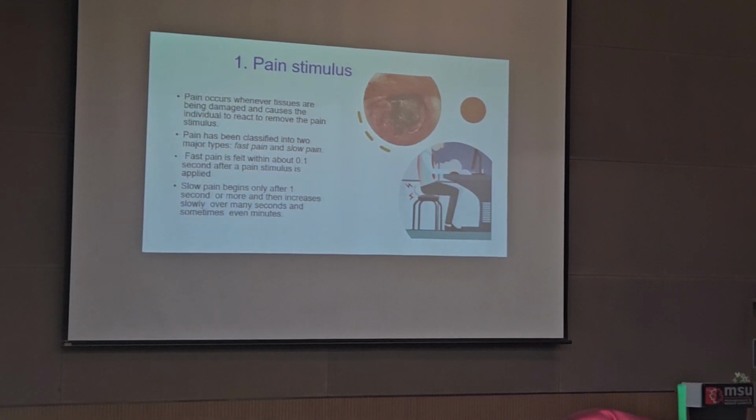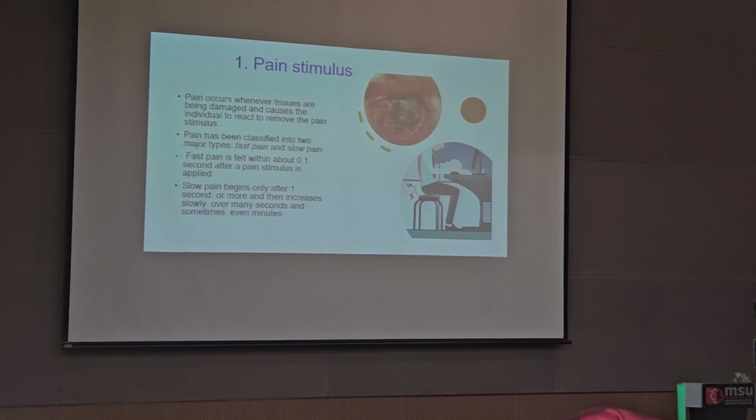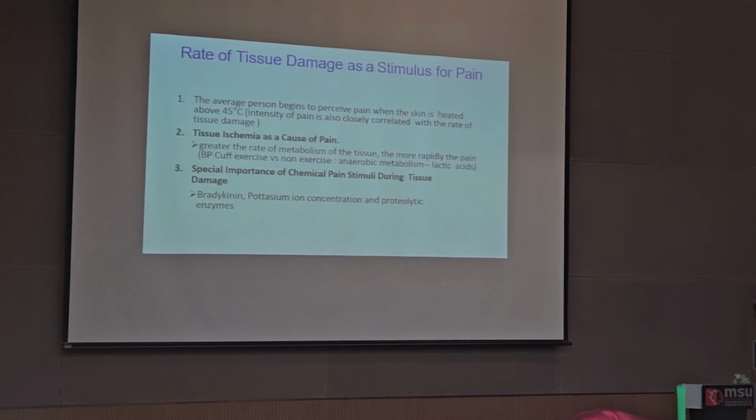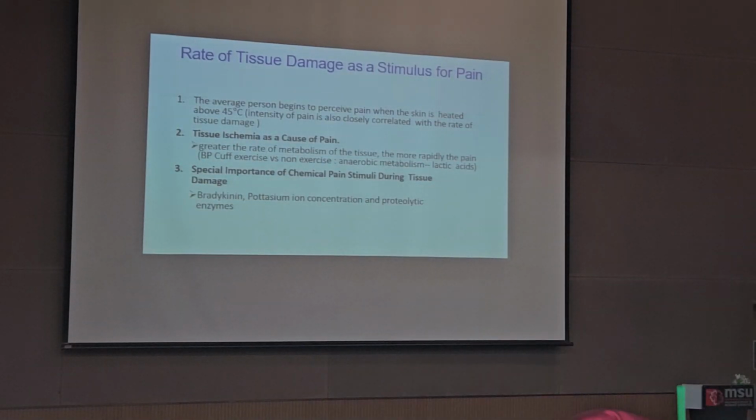For fast pain, the first pain sensation you have is 0.1 second after pain is stimulated, and slow pain comes after 1 second, or more than that. The rate of tissue damage can also be the stimulus for pain, for example temperature.